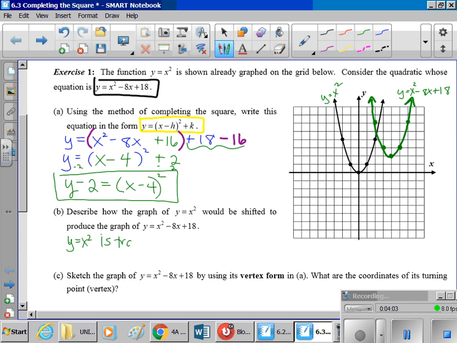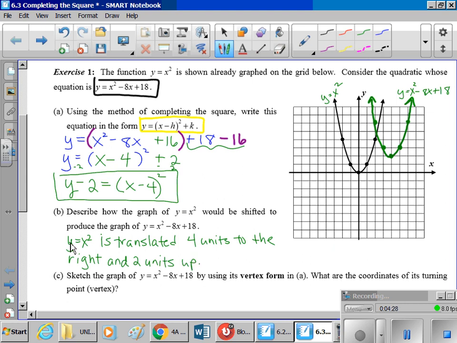Let's use some of our vocabulary from geometry. Is translated 4 units to the right and 2 units up.